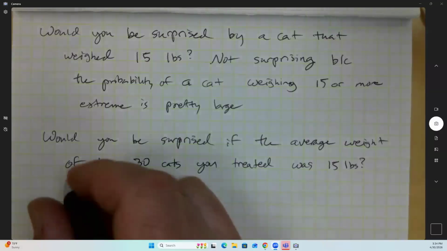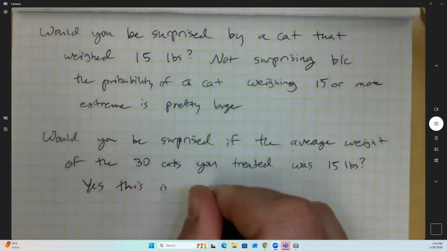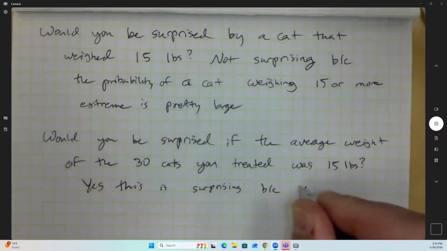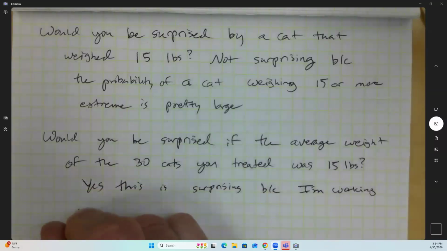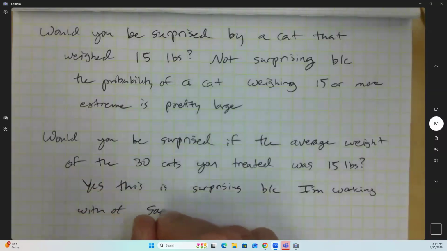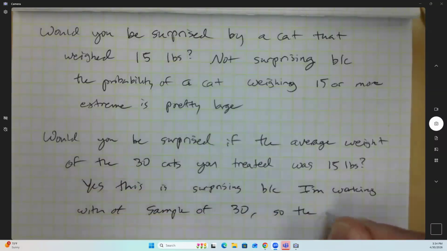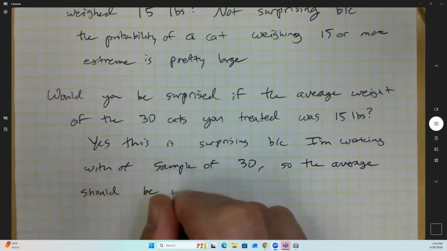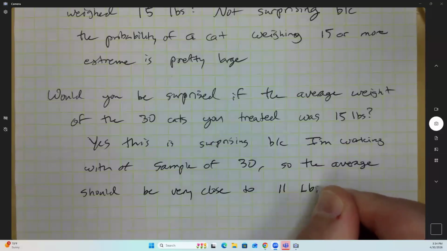So this is surprising, because I'm working with a sample of 30. So the average of that sample should be very close to 11 pounds.